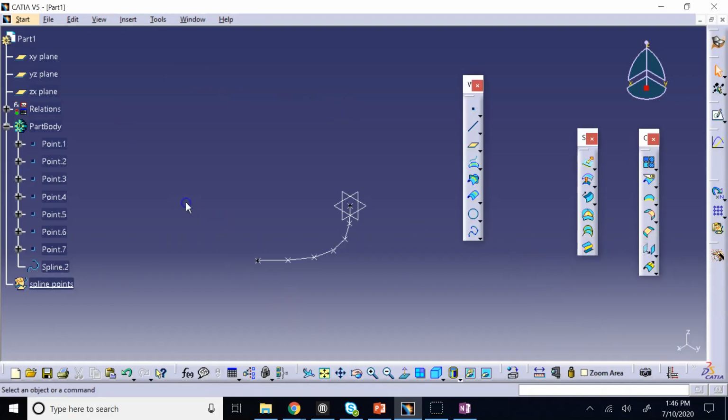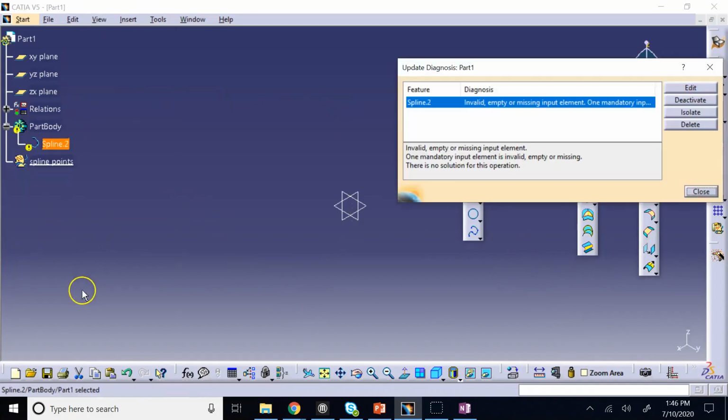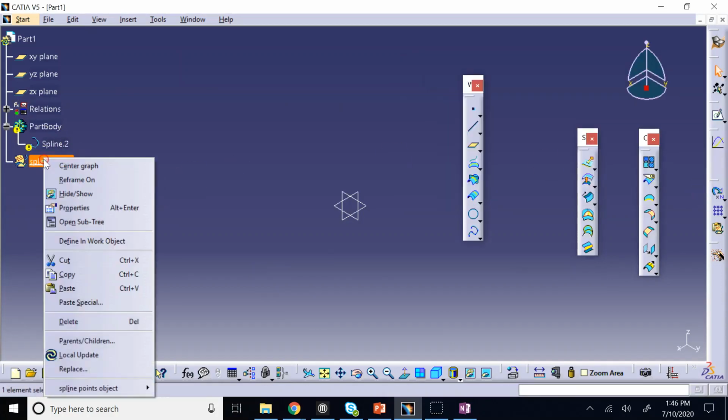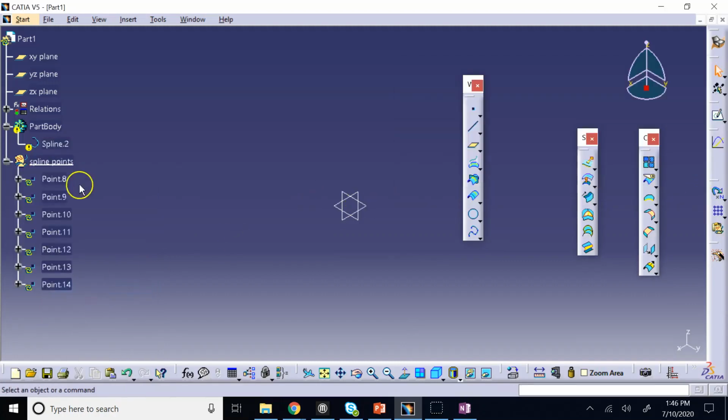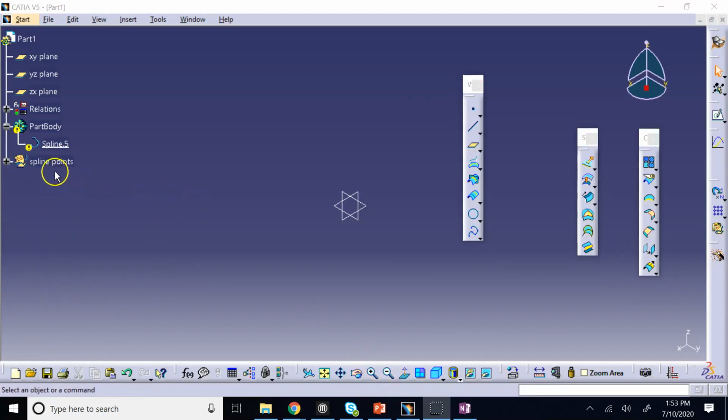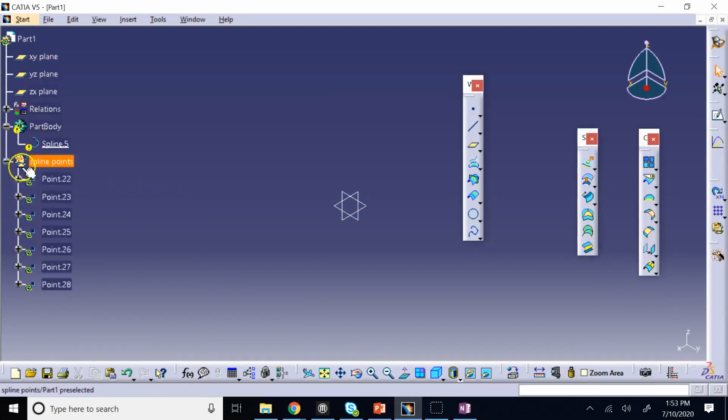Right, and I insert it, and then I hold shift and select all of these points, and then I cut them and I paste them inside this geometric set. Okay, so now if I close this, they're not showing themselves under the tree as individual items, right? All of them are grouped inside this folder.